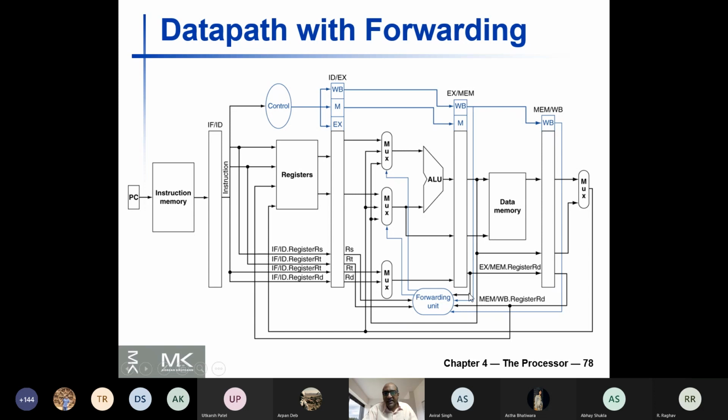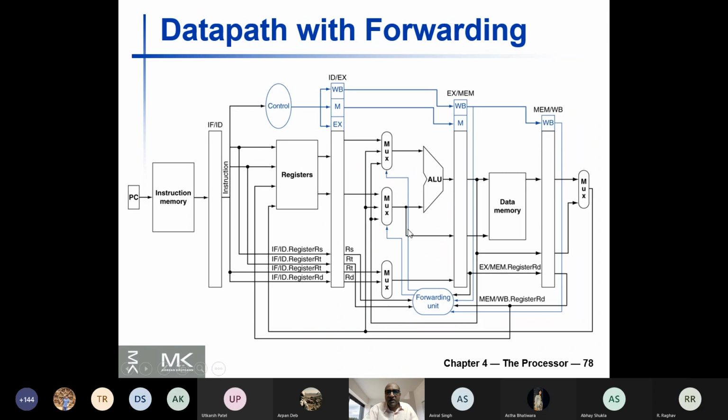So this comparison will take place, and along with that, we also have to ensure that the previous instructions should write into the registers. So these are the two control signals for that. Also internally, we have to check that the destination register address should not be 0. That also has to be checked.